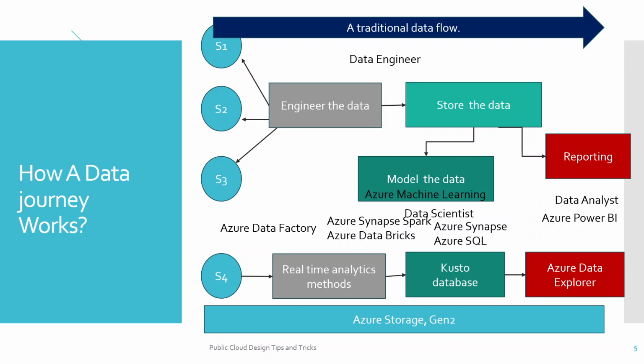Now in the course of the journey, if you have to do some real-time analytics, then you can use Kusto database, and you can write Kusto queries to create your own event alert mechanism. That is where you can use Kusto database.